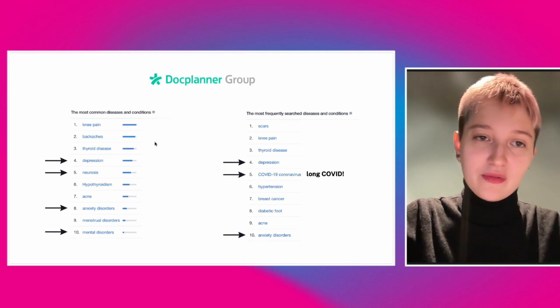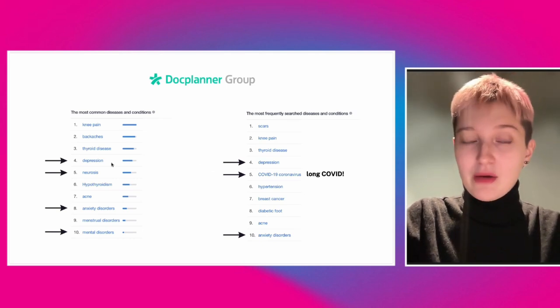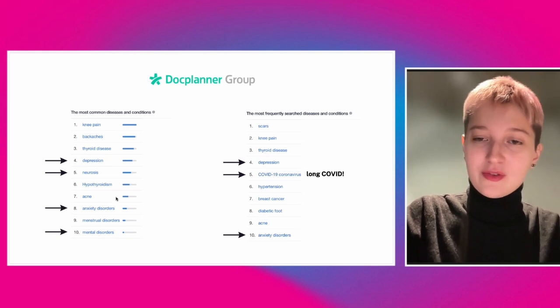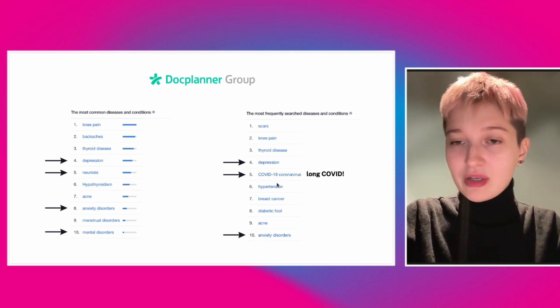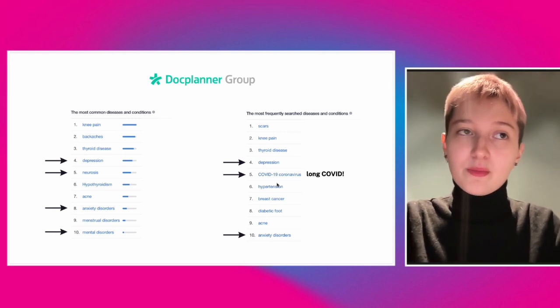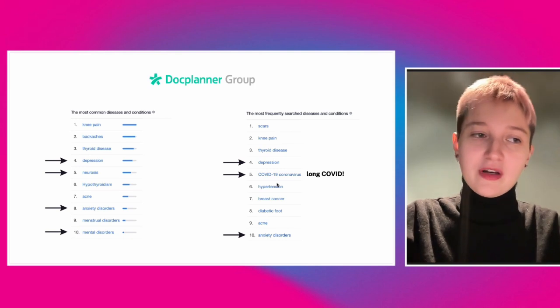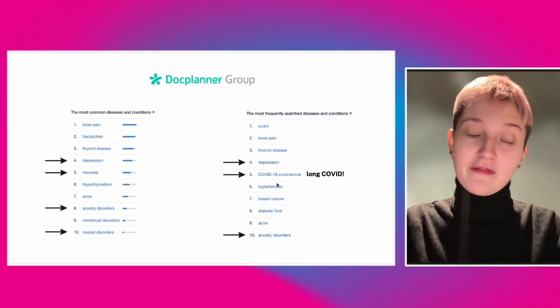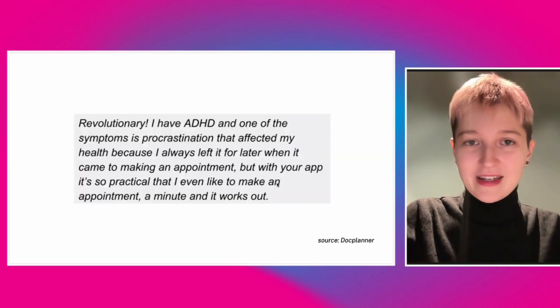Many of these conditions apply to the way our brains work, apply to anxiety, apply to depression. And even when we look at COVID, we realize that it can also be about cognitive implications, such as long COVID and the way it affects our brains' work.